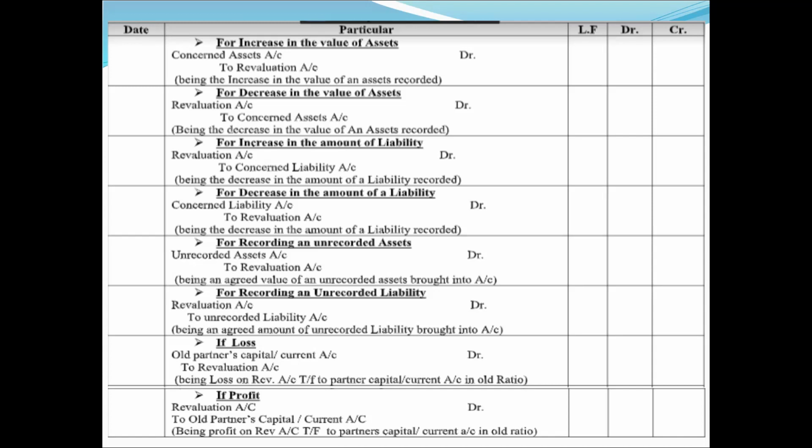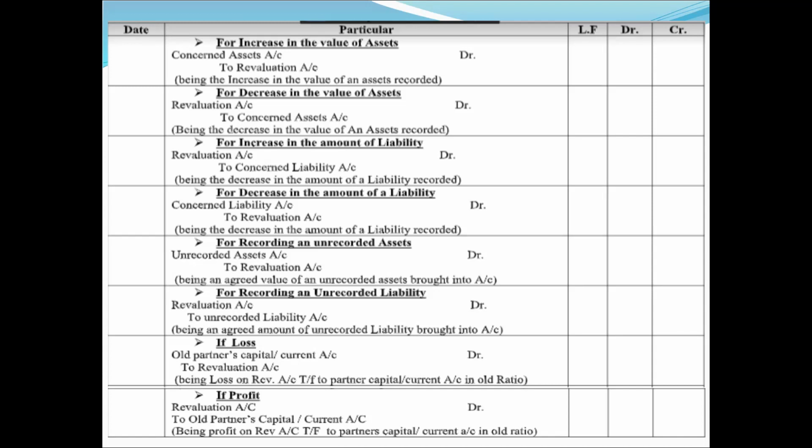For a decrease in the amount of liability, that is positive, you enter it on the credit side of the liability. So concerned liability account debit to revaluation account. For recording unrecorded assets that we missed to enter, now we enter them over here.